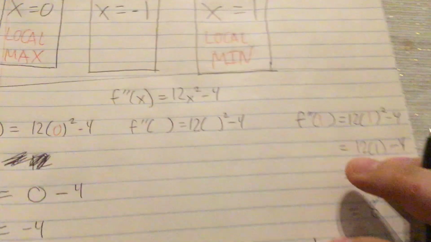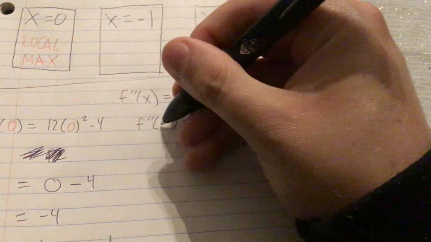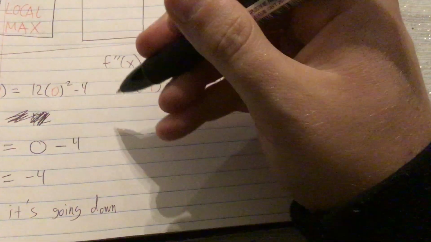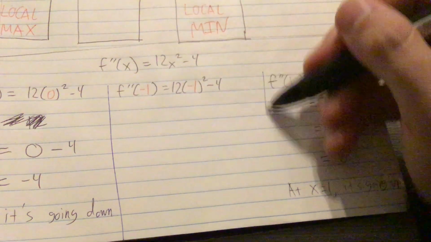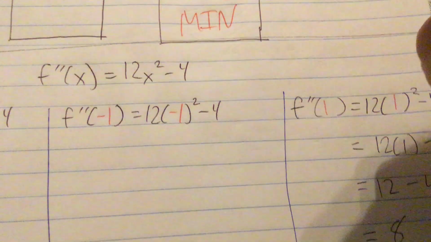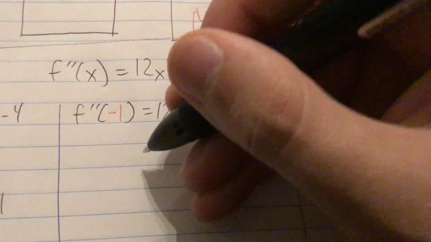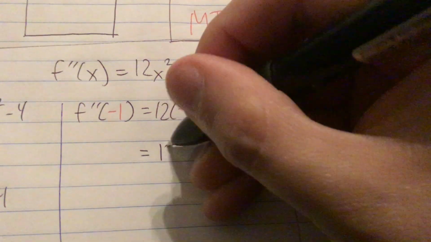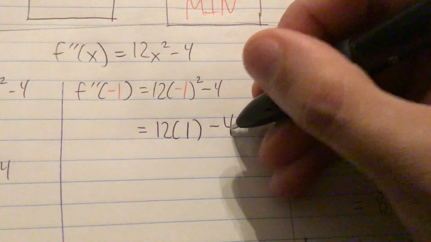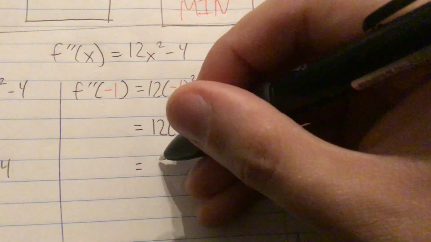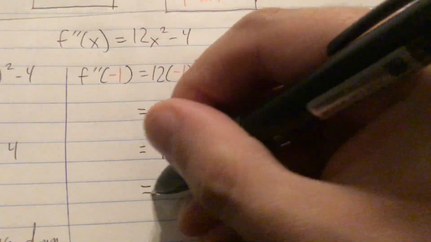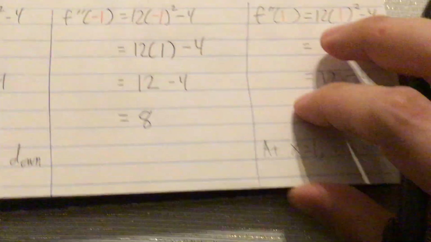And finally, we take the acceleration at x equals negative 1. All right, let me just put some dividers right here so we don't get confused. So then we take negative 1 quantity squared. Well, negative 1 times negative 1 is positive 1. So this is quite similar. That'd be 12 times 1, which is 12, minus 4. Yet again, the acceleration is positive 8.